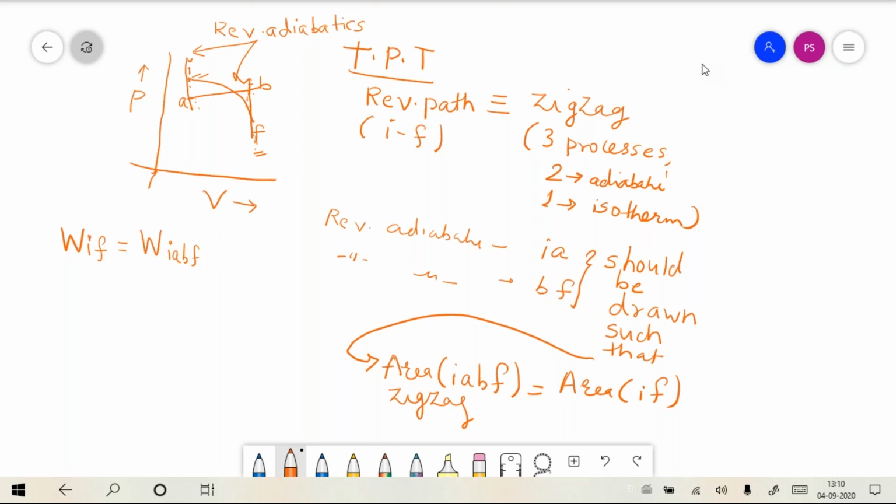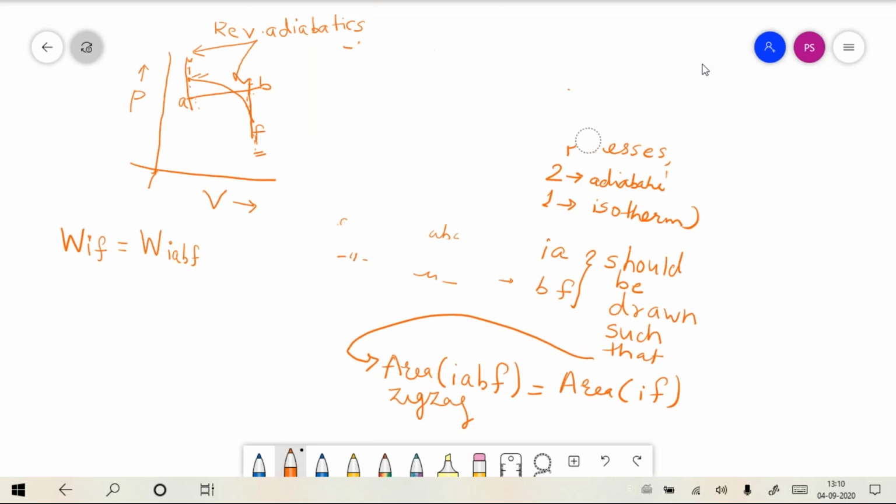Now let us apply the first law of thermodynamics to the reversible process I to F. What is the mathematical statement of the first law of thermodynamics?